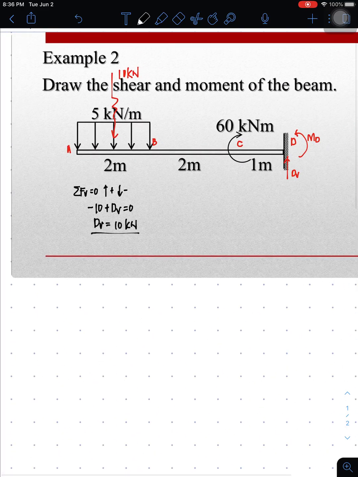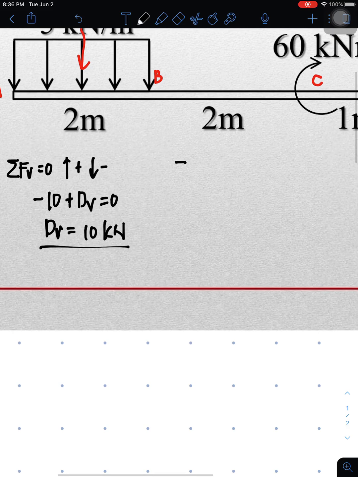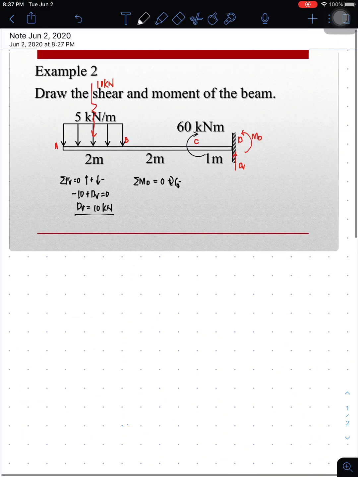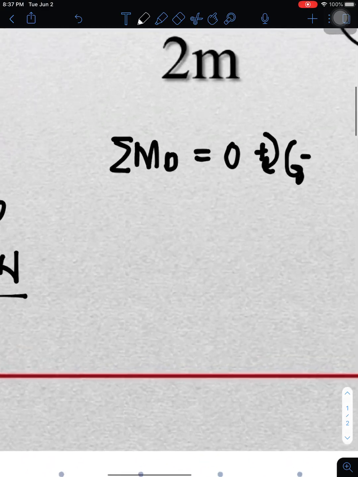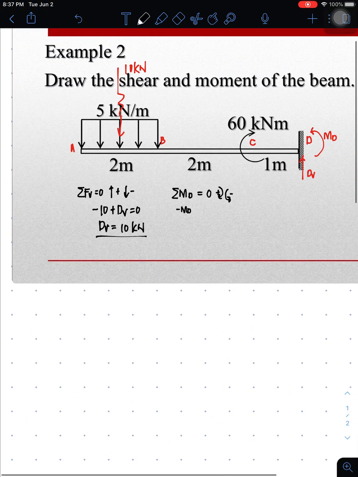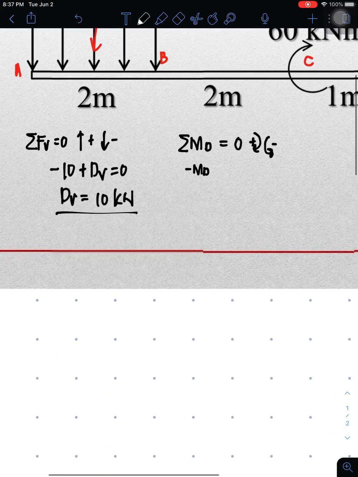And right now, we're going to solve for MD. Summation of moment at the point where MD is found, clockwise positive, counterclockwise negative. I place MD as counterclockwise, so it's negative MD, and this will rotate at point D with a counterclockwise direction.